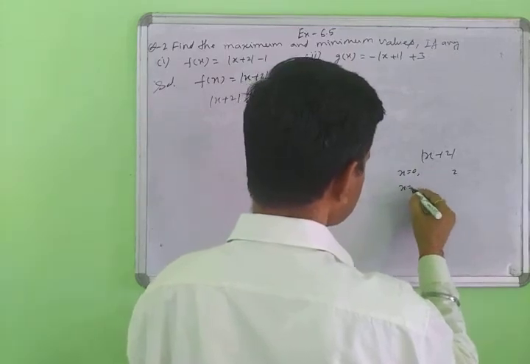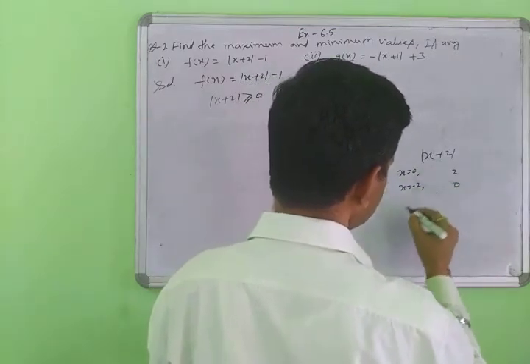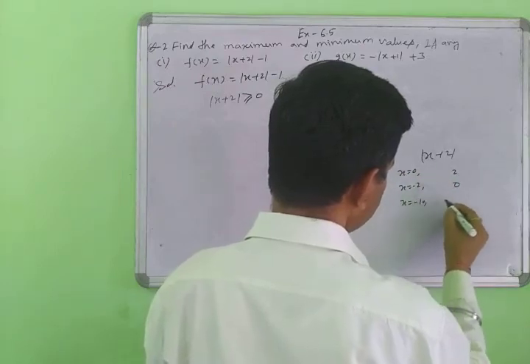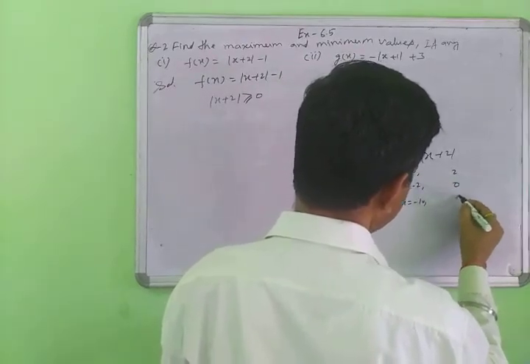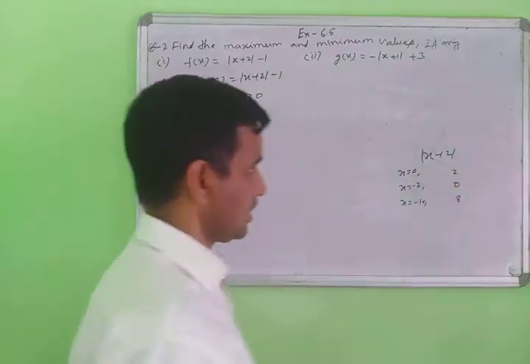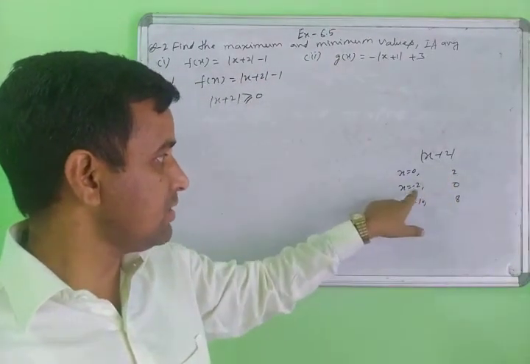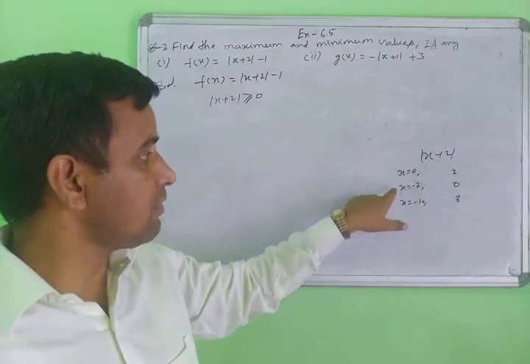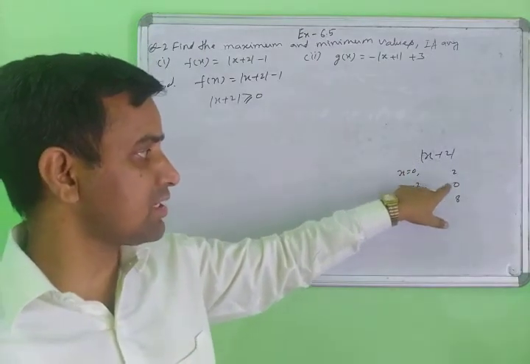When you put x equal to minus 2, the result will be 0. When you put x equal to minus 10, the result will be plus 8. So the minimum value here is 0, when you put minus 2.